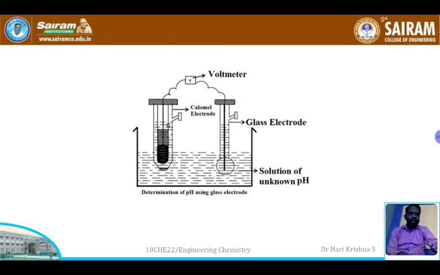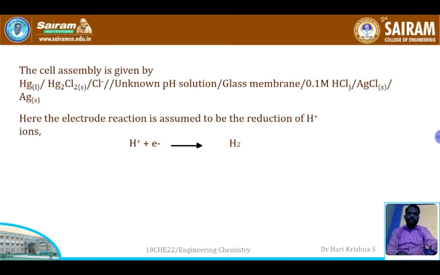Before that, let us see what electrochemical reactions occur and how the cell can be represented. The cell can be represented diagrammatically like this: Hg, Hg2Cl2, the calomel electrode, dipped in a known pH solution, and the glass membrane is the glass electrode.